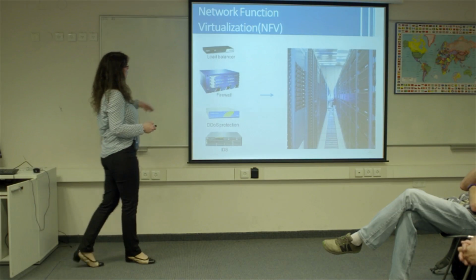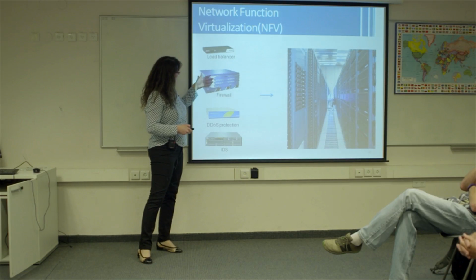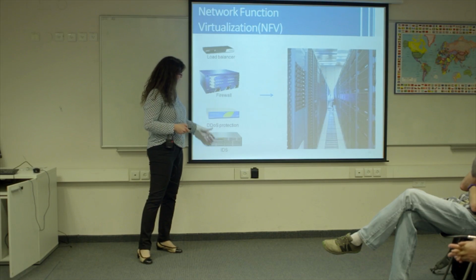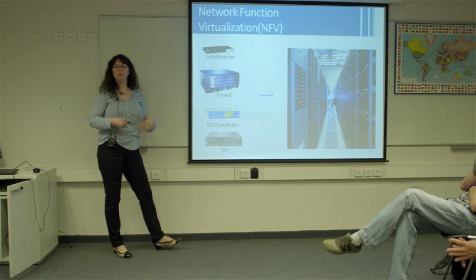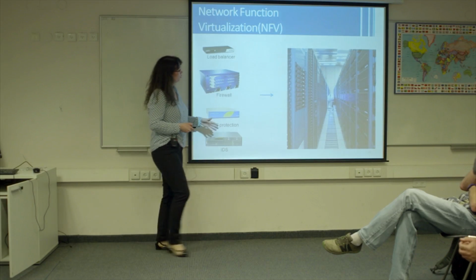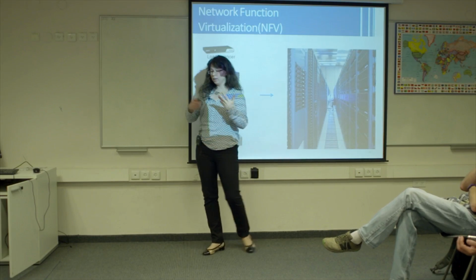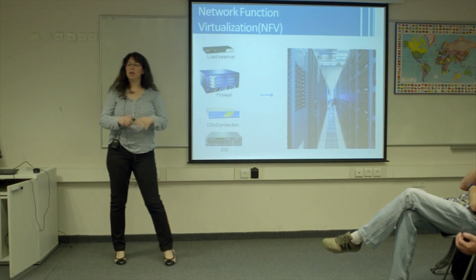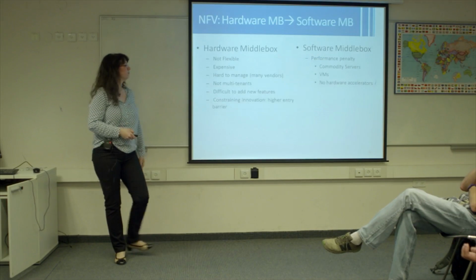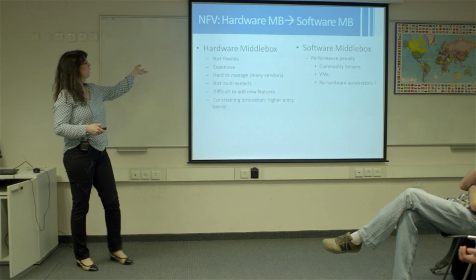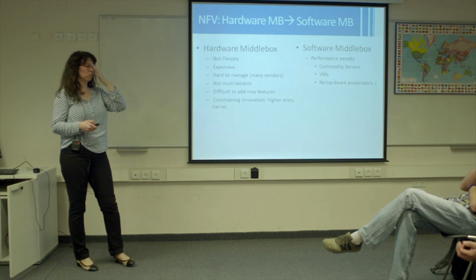Network function virtualization means that the telco company decided that it's enough that they have so many different boxes from many vendors, and they want to move to software that will be in their private cloud. So NFV: hardware middle box, moving to software middle box.